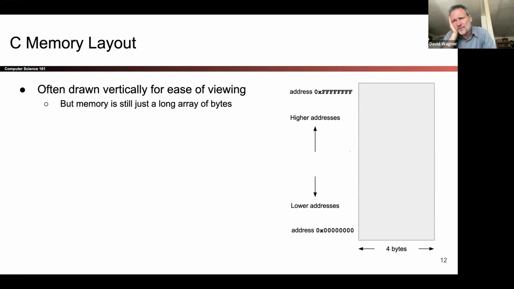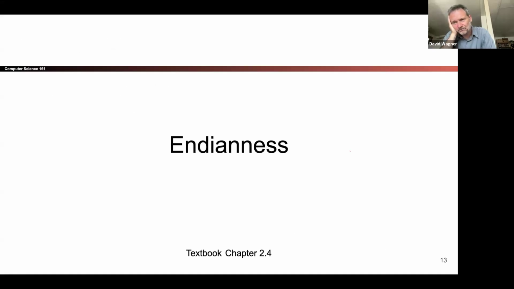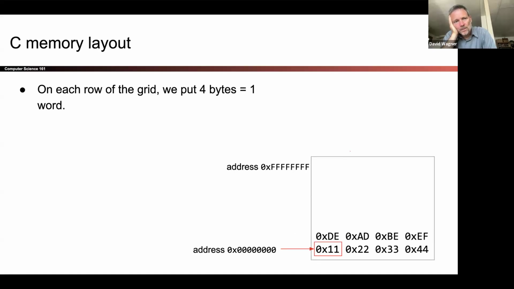And each row of this diagram is going to have a place to store 4-byte values, and it's going to correspond to 4 different addresses in memory. So there's 4 byte values in each row.